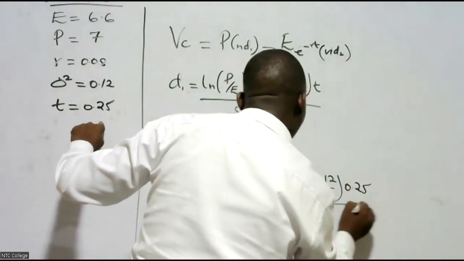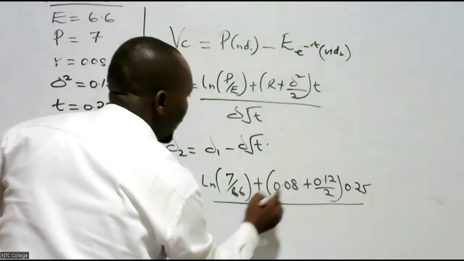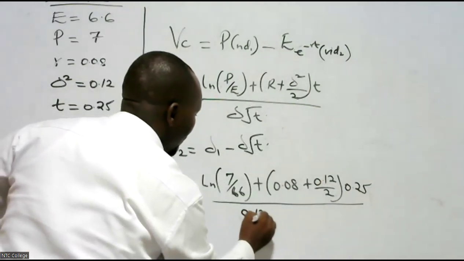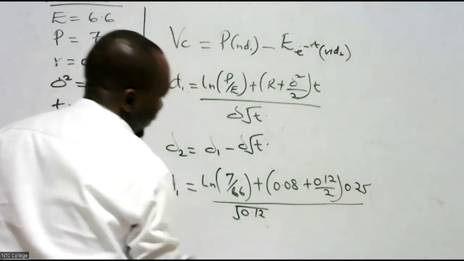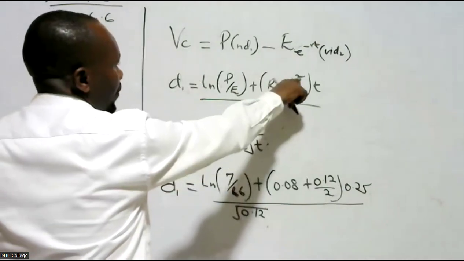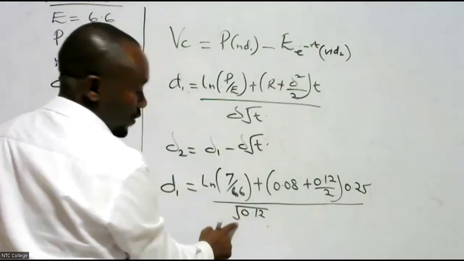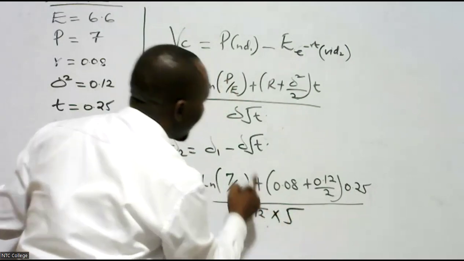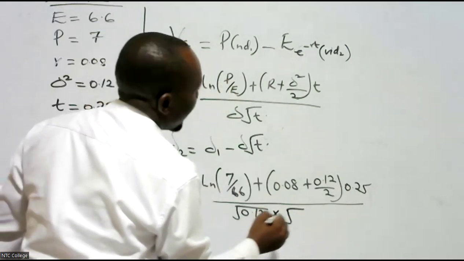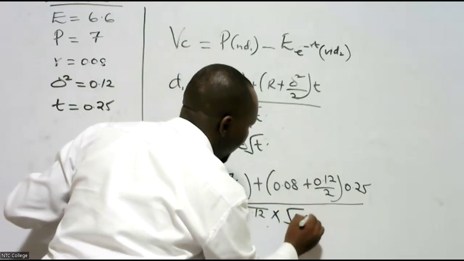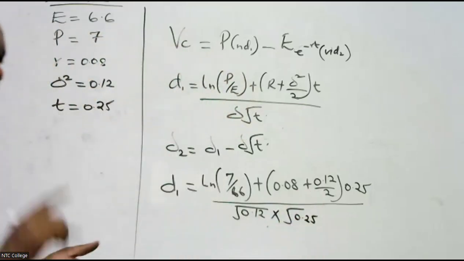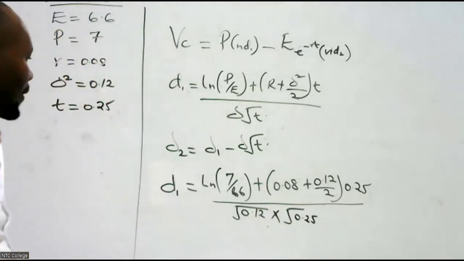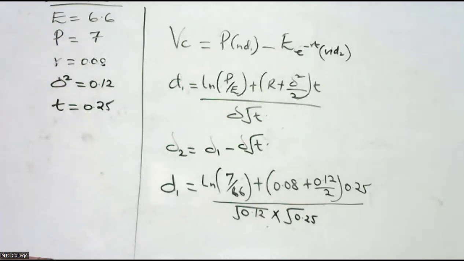All these, we are being told that it should be under square root. So that is the square root of 0.12 times the square root of T, which is 0.25. Using your calculator, just say square root of this times square root of this. What do you get?